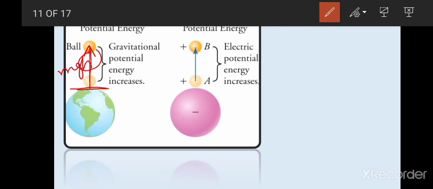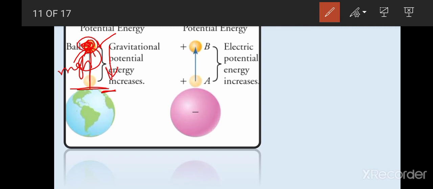So greater the height, greater will be the potential energy. It means this is a point of higher potential and this is the point of lower potential, and whenever we drop this object, it will come back towards the surface of earth. In that case, the ball will release the energy. The energy is released by the ball.